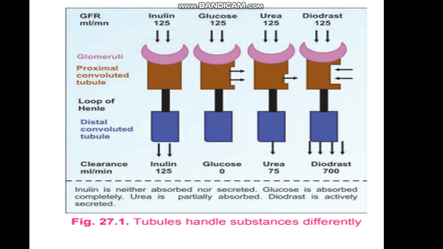Then there is diodrast. This diodrast is filtered at the glomeruli as well as secreted by the tubules, and all is excreted in the urine. It is also not ideal for estimating GFR, but mind it, you will read it later on.